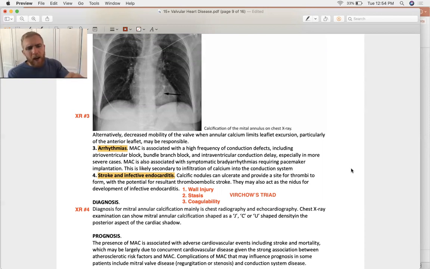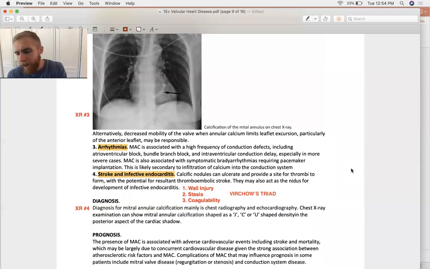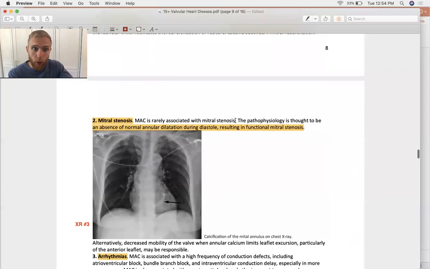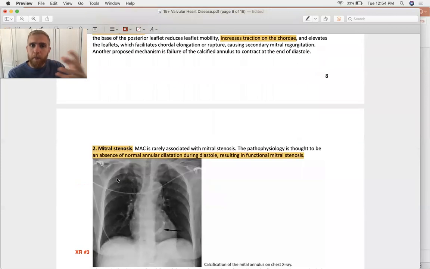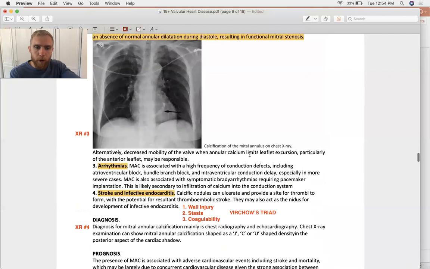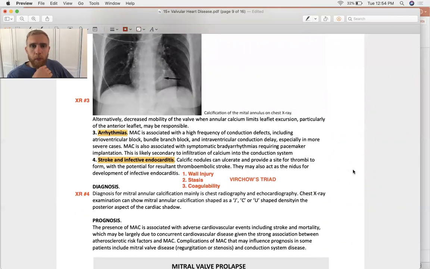And then finally, a consequence of atrial hypertrophy, again, non-specific to prolapse, regurgitation, or stenosis, we're speaking purely about left atrial hypertrophy here, is stroke and endocarditis. And both of those are going to be due to stasis of blood.